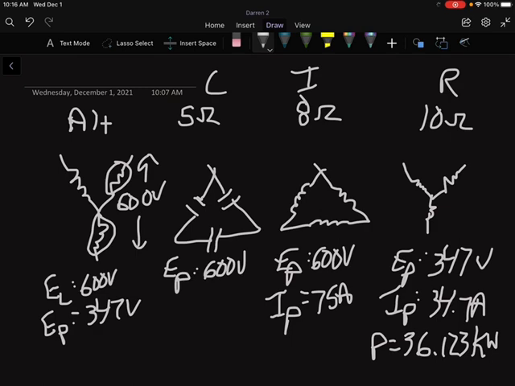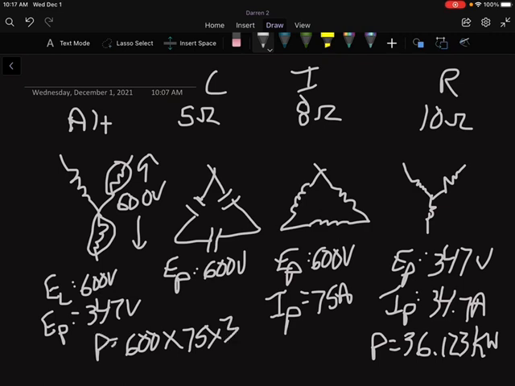Using the same formula, E phase times I phase times 3, we get 600 times 75 times 3, which is 135 kVARs inductive.